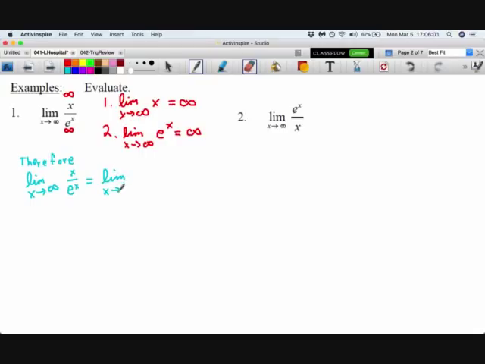And the way I'm going to get this limit over here, we're going to take the derivative of x, which is what? 1. And the derivative of e to the x is e to the x. So these two things are equal by L'Hopital's. And it's okay to abbreviate L'Hopital's like this. If it was a test, I might write it out. It's probably going to be okay to write it as L'H.